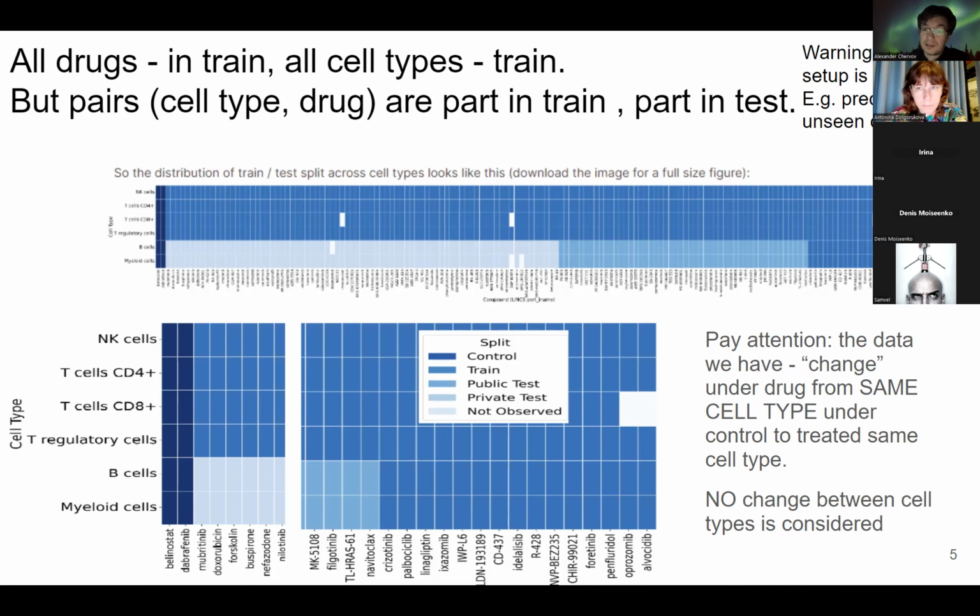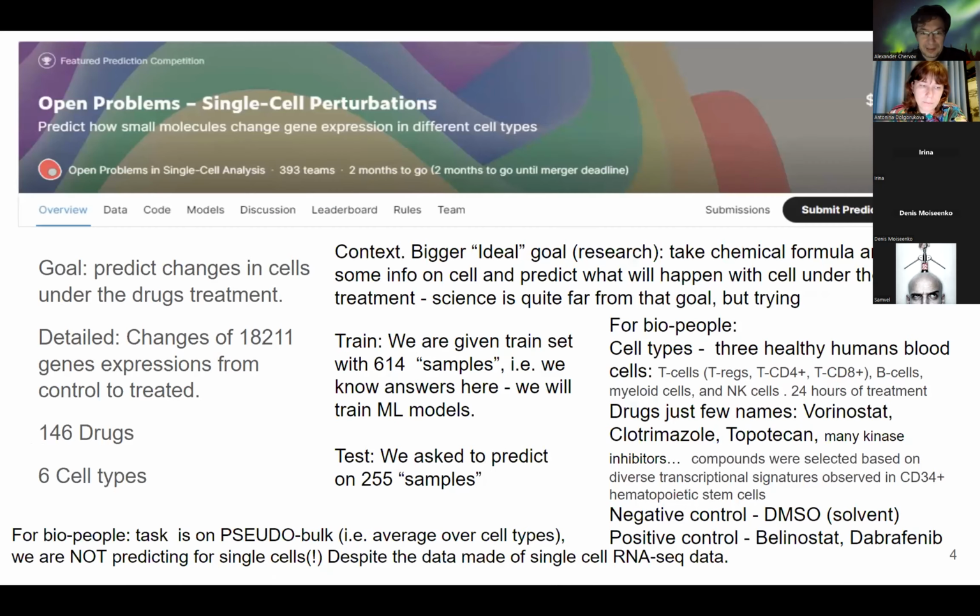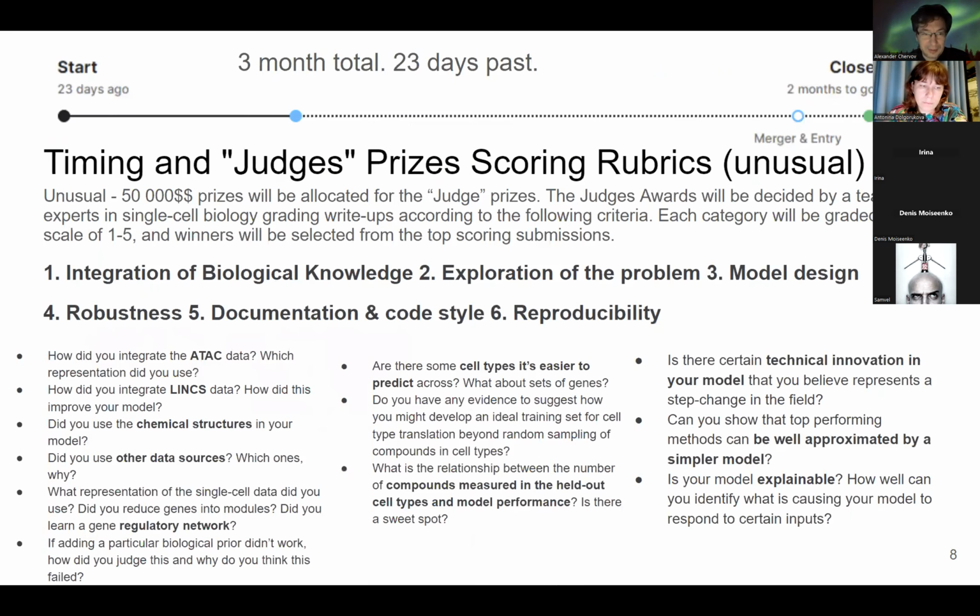Yes. One of the questions for which they can give you a research prize is to take this ATAC into account. Interesting. They emphasize that it's important. So how did you integrate the ATAC data? It's probably these multiome OBS, multiome parquet files. Okay, interesting.